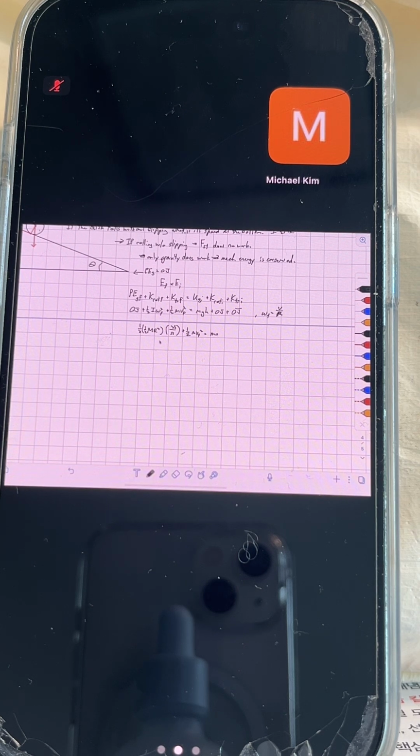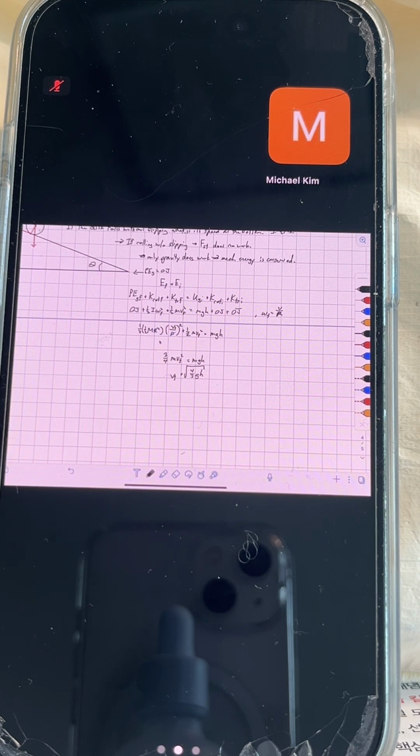This has to be MGH. And so if I do this, my R's all cancel out. And so what I end up on this side is this 3/4 MVF squared. This has to be MGH. And so this tells me my VF is the square root of 4/3 GH.